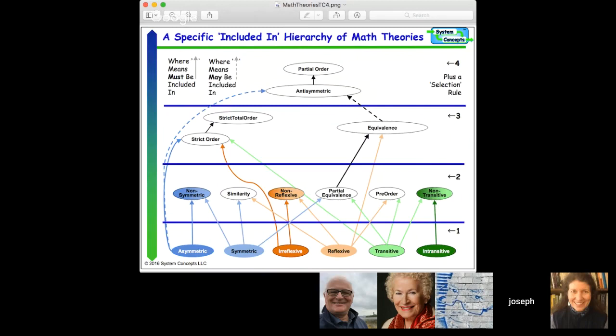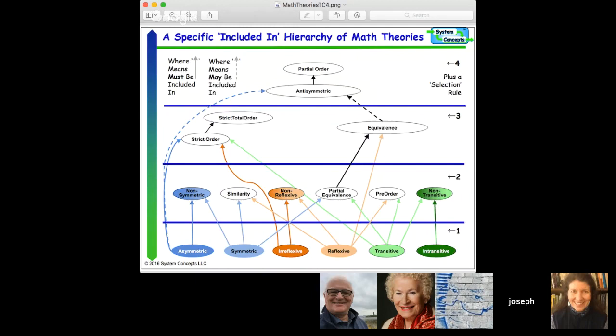But here you have a mediating case before you get to equivalence. I guess another way of drawing it would be having equivalence on level 2 instead of level 3, with reflexive, symmetric, and transitive feeding into equivalence.